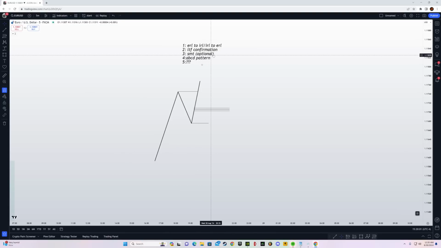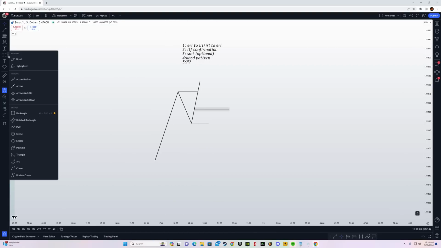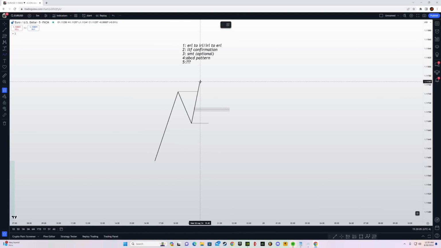The number two part of the strategy is we're going to look for a lower time frame confirmation, and this is how it's going to look like. All we need to see is a market structure shift on the 1 hour time frame. So I'm going from daily time frame to 1 hour, and basically we have the market structure shift. Now the SMT part is optional, although it's going to increase your win rate.